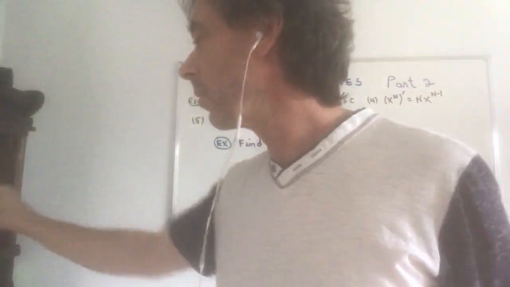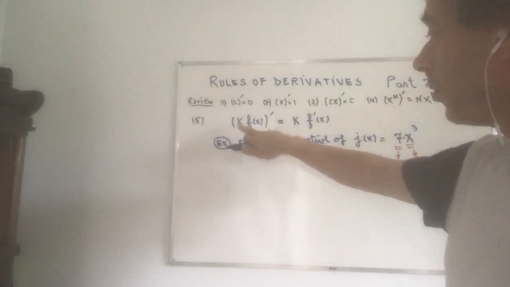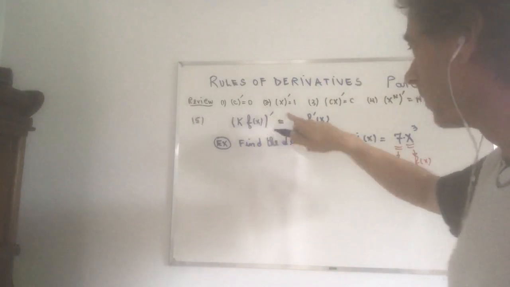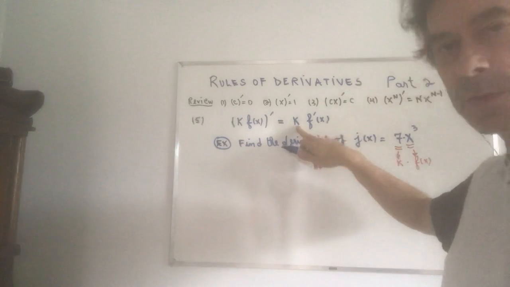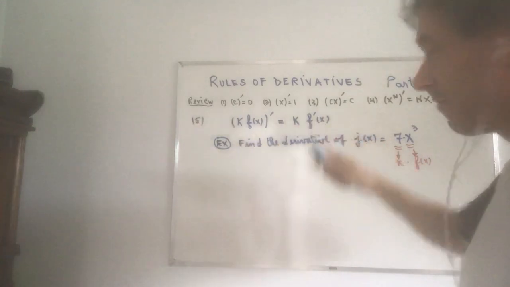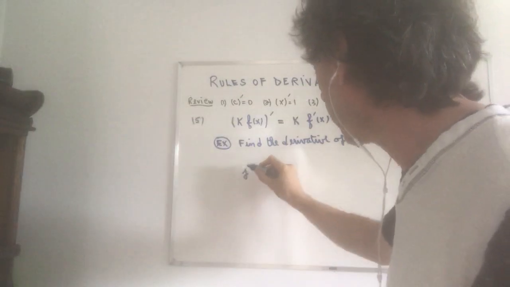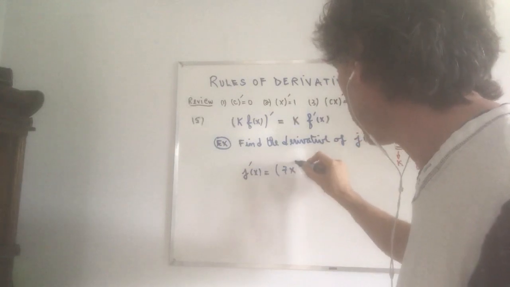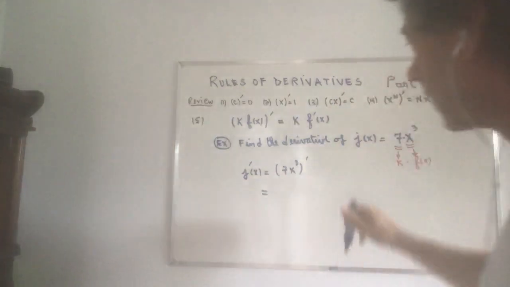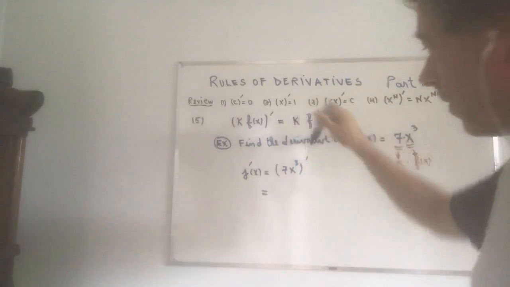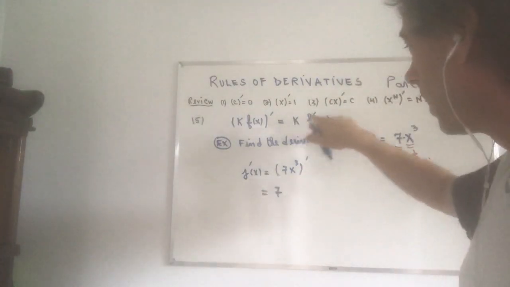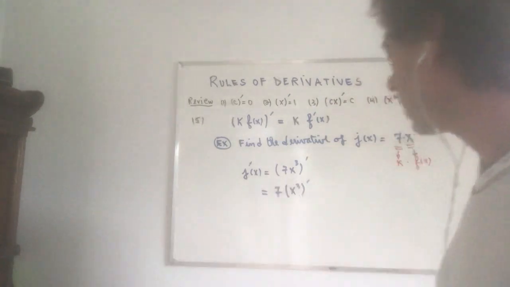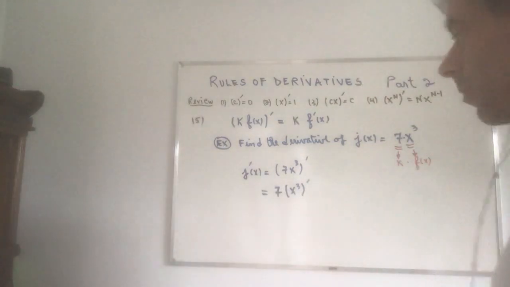According to the rule I've just put on the board, when you multiply a constant and a function and you want the derivative of this outcome, you should disregard the constant and only derive the function. So if I apply that rule, the derivative of j, which of course will be the derivative of 7x cubed, should be, let me follow that rule to a T. I'm going to take the constant out. Here's my k. And look at the prime being attached to f. So look at the prime being attached to the x to the power of 3.